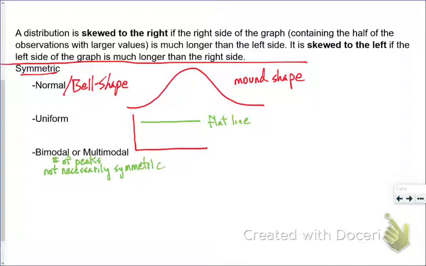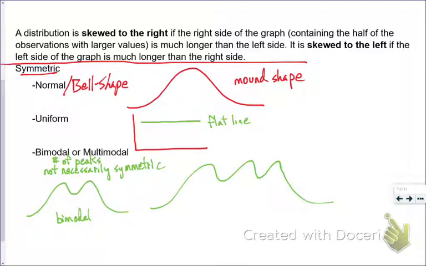If it has two peaks, it's bimodal. Like the one we just looked at on the last video was multimodal with some symmetry. So bimodal, maybe it looks like this. And multimodal, maybe something a little out of control, like that.